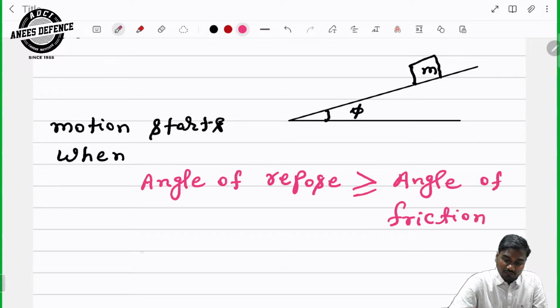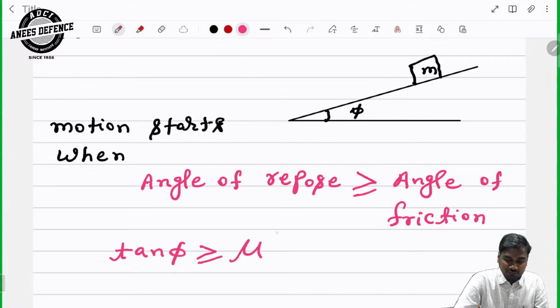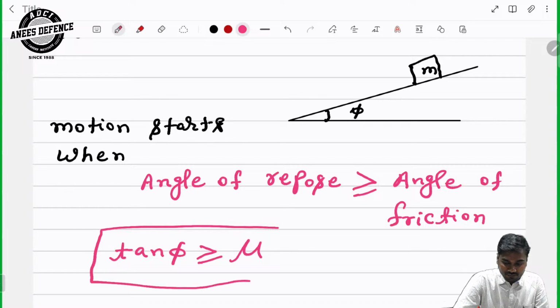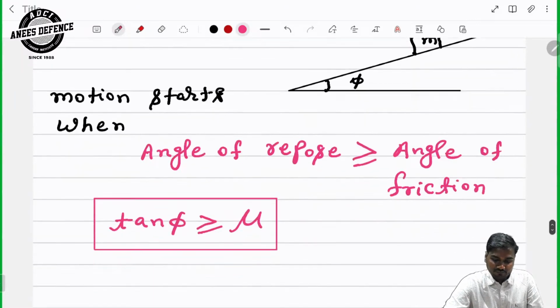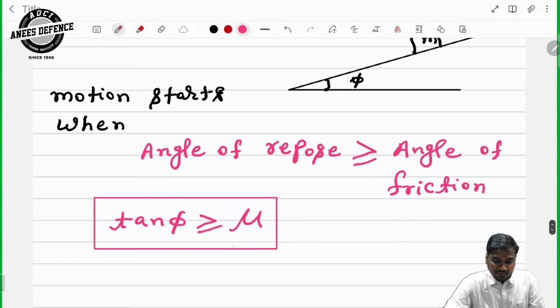Understood? Means tan phi is greater than or equal to mu.